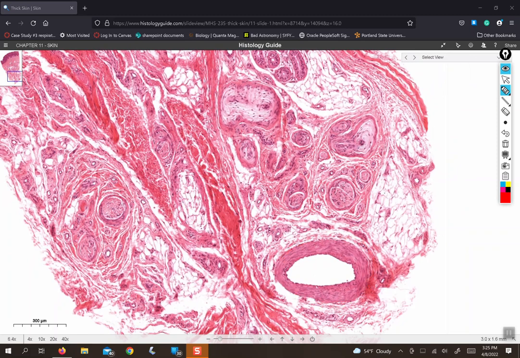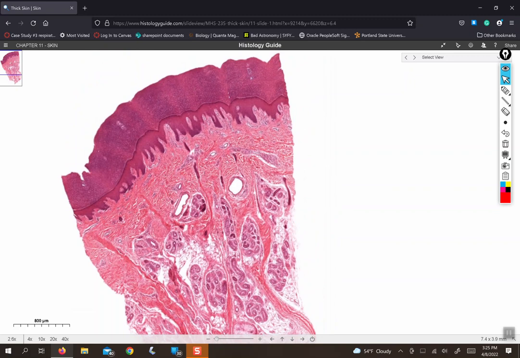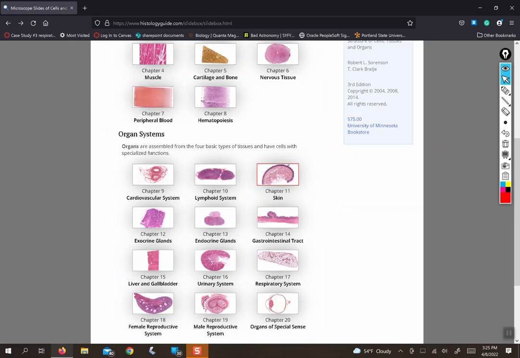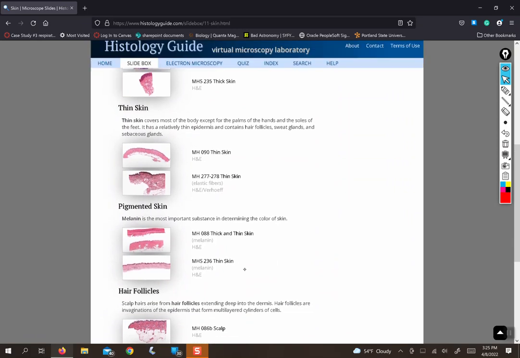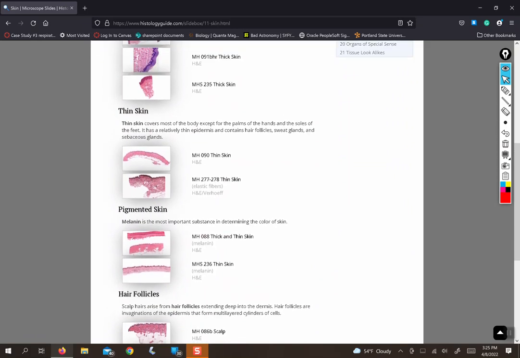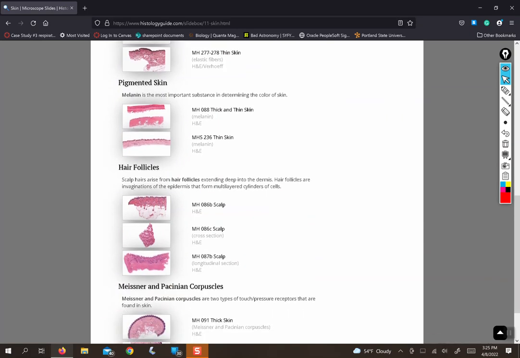So all in all, that was a really nice piece of skin. So let's go look at thin skin by contrast. And specifically, I'm going to pick the scalp because I want to look at thin skin that also has hair follicles.